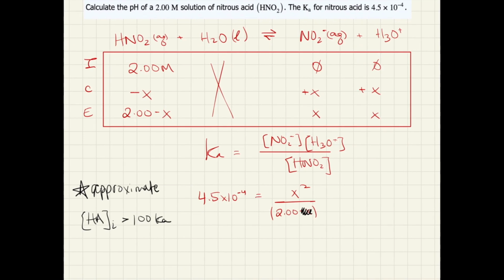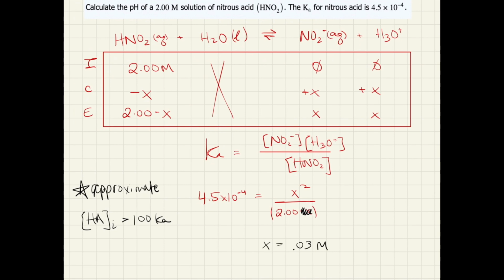What we would do is multiply the 2 by both sides, take the square root, and I'm just going to do that on my calculator really quickly. 4.5 times 10 to the negative fourth times 2, square root. I get that x is equal to 0.03 molar. Why is that important?